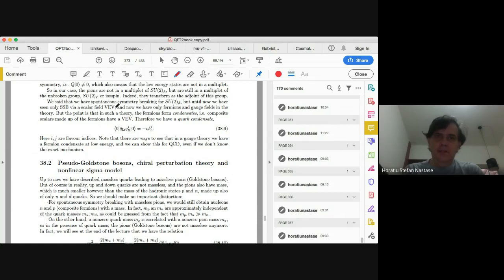Now, we said that we have spontaneous symmetry breaking for this group SU(2)A, but this is part of the problem, that we don't really know how to calculate things, because the only spontaneous symmetry breaking we saw was for a scalar field. And for a scalar field, it was easy. It was just minimize the potential and so on.